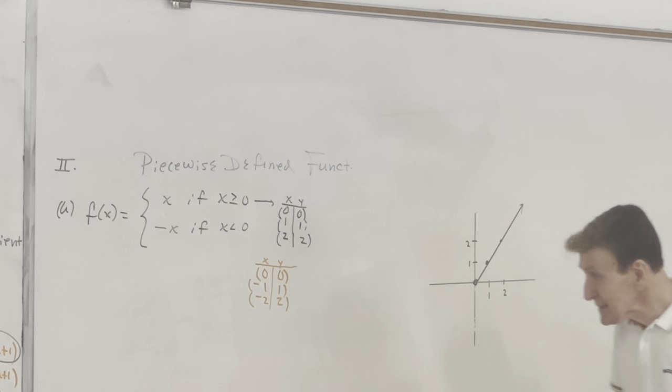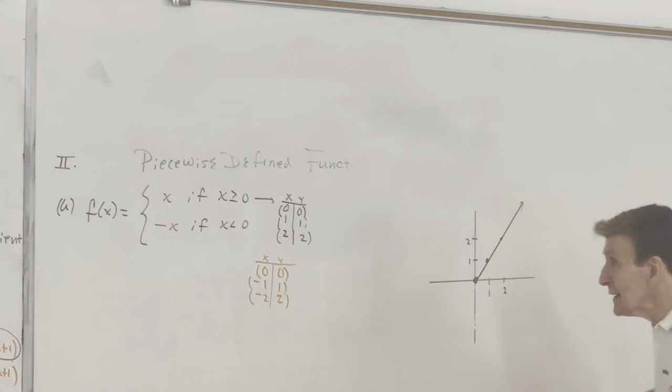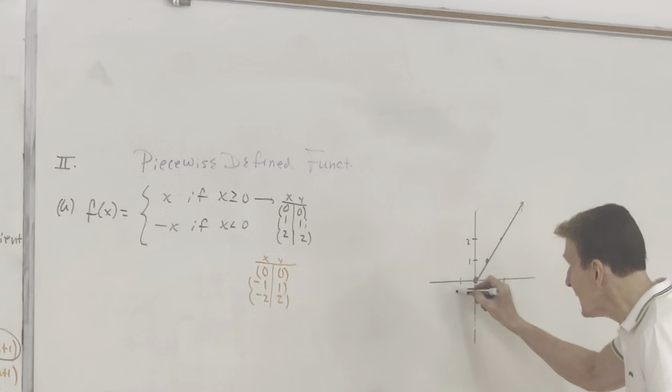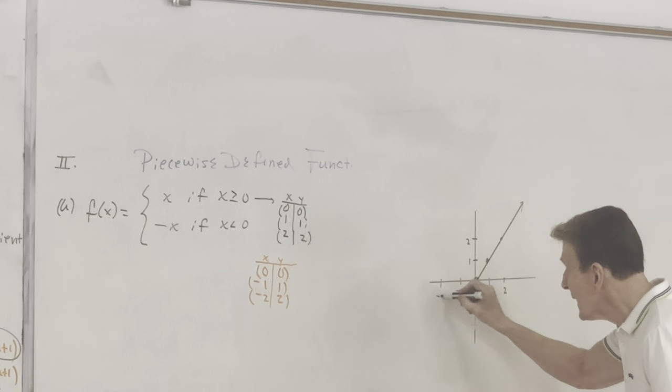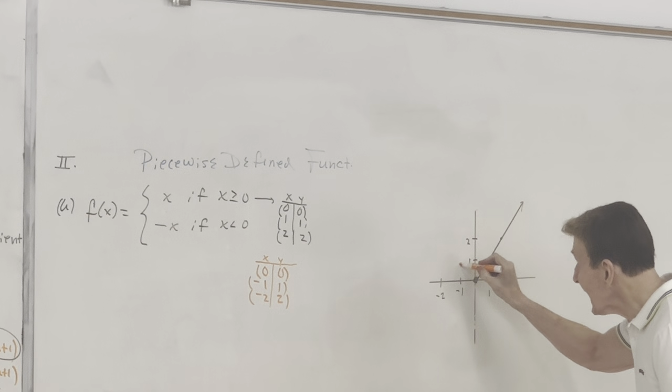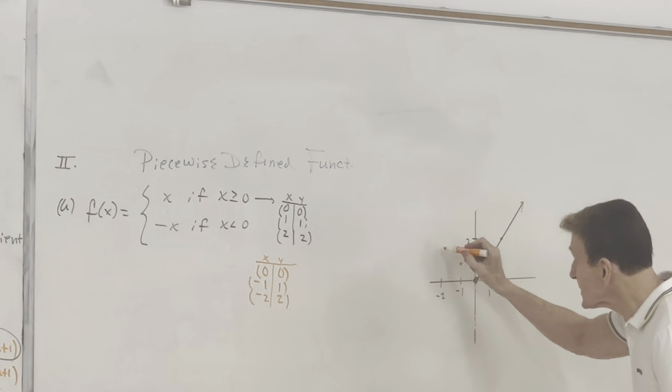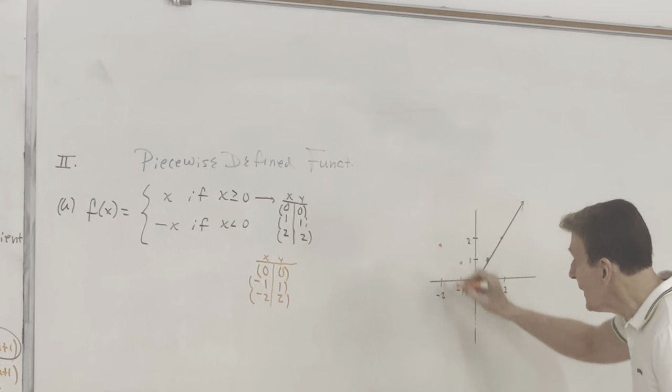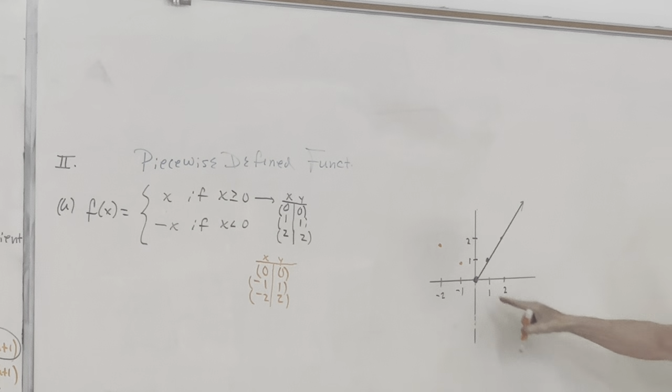The next point is -1, up 1. Okay, -1, up 1, guys, in the orange looks like this. And the other one's -2, up 2 looks like this. Plus, you have to keep in mind, it's going to connect down here.